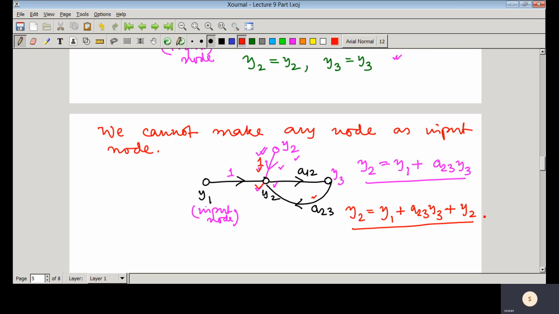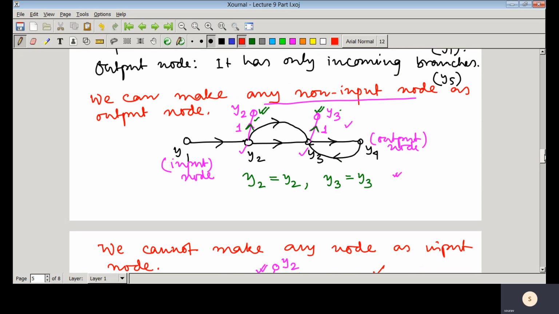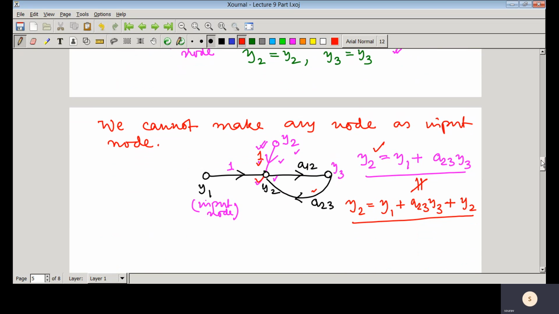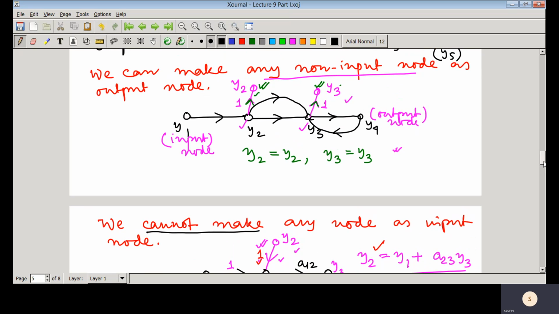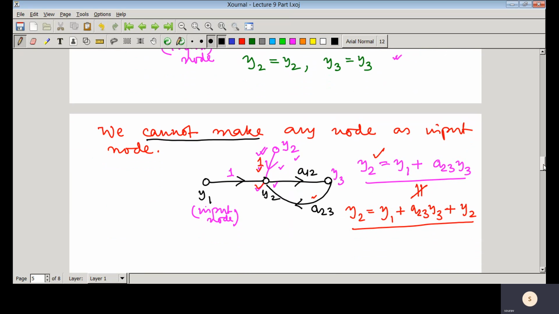Now you can see that this algebraic equation and the earlier algebraic equation are not the same. So if you want to make a node an input node, just like the output node, you cannot do this. This is very important. In signal flow algebra, any non-input node can be made as output node, but it is not possible for input node. That means any node cannot be made as input node.